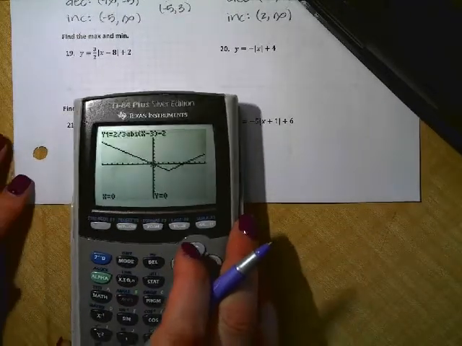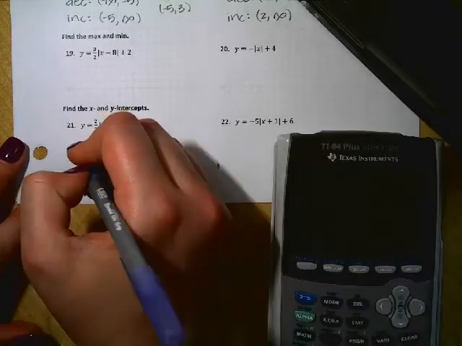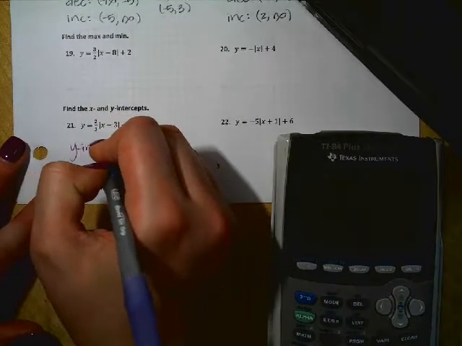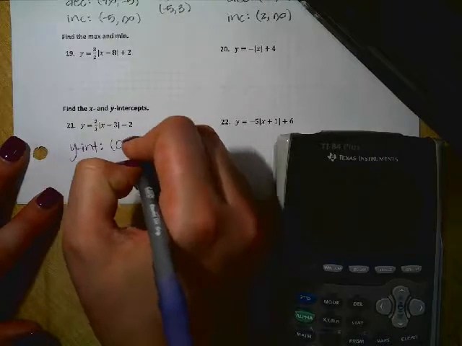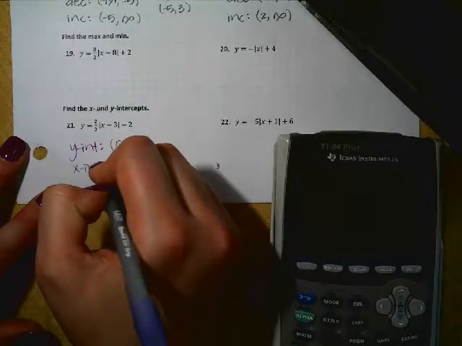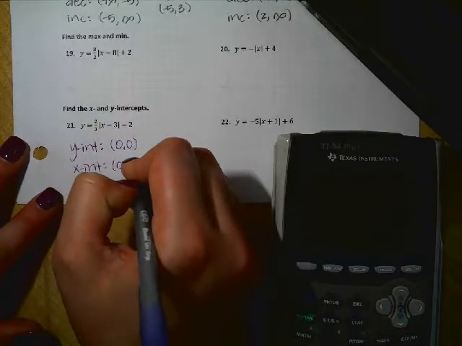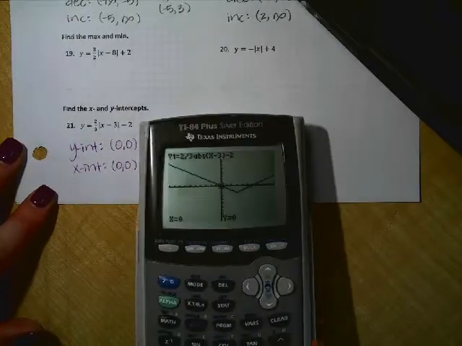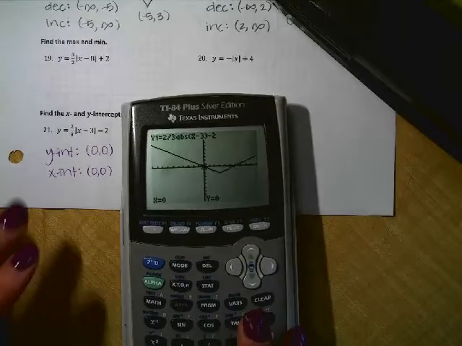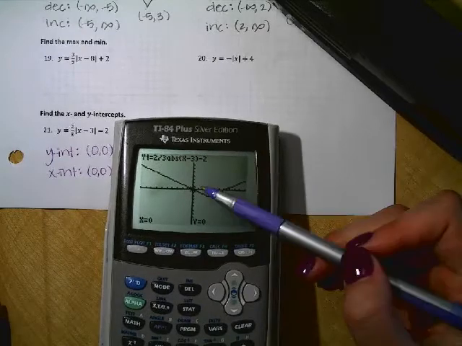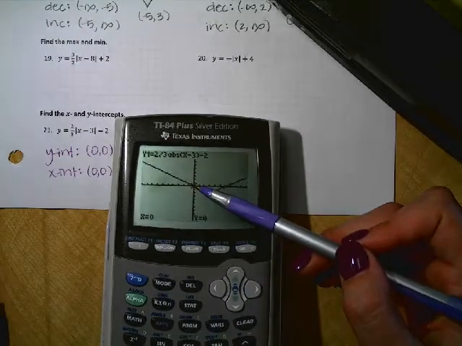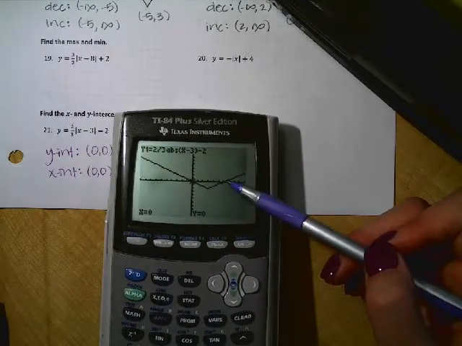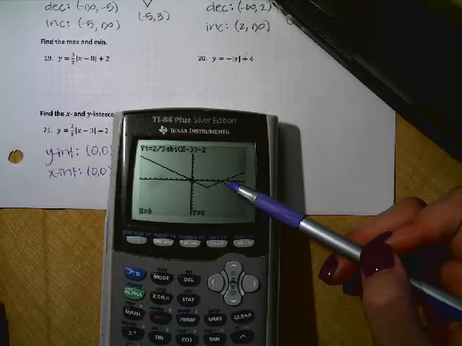That means we also have one of the x-intercepts. 0, 0 is a y and an x. All right, so we found the first x-intercept with that one. It happened to be the same point. How do we find the other x-intercept?